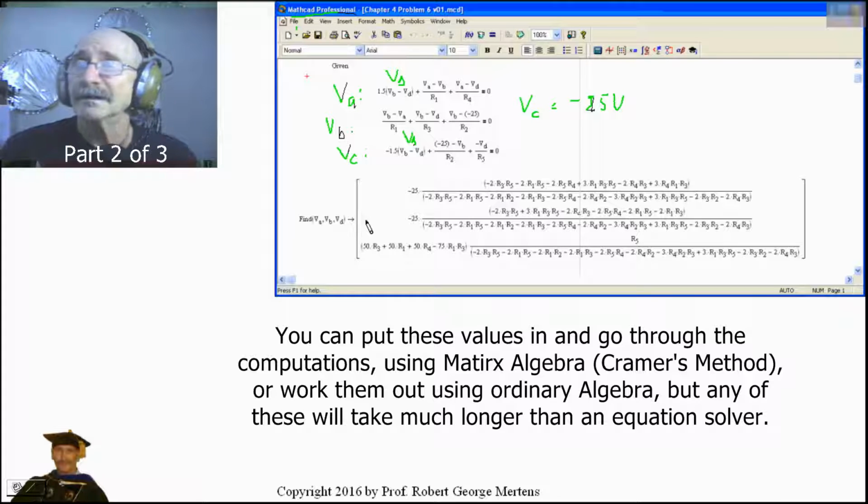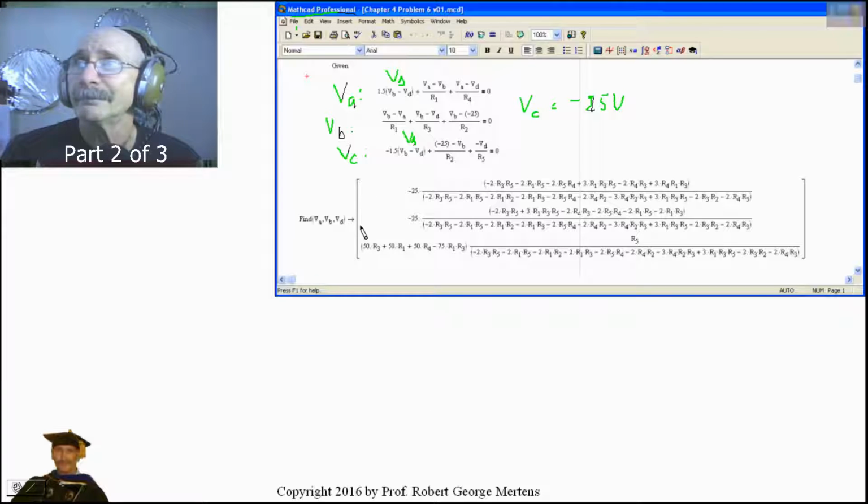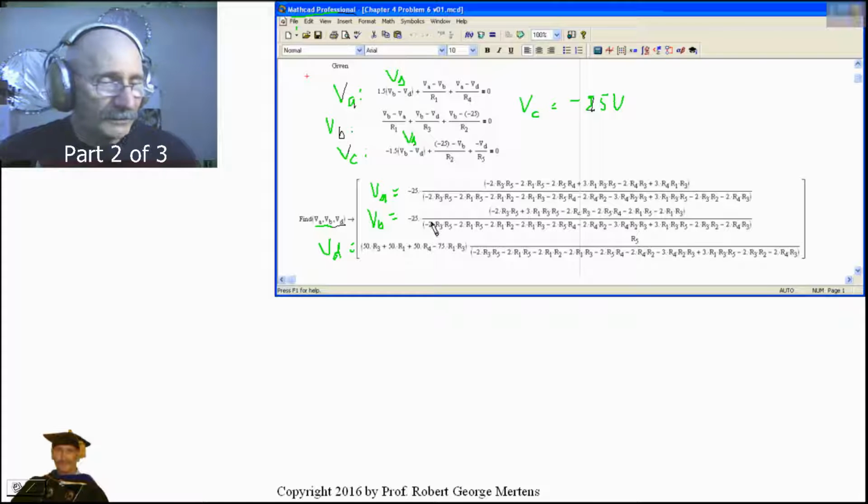So what I did is I plugged this into a solve equation in Mathcad, and I said find VA, VB, and VD, and it gave me these three formulas right here. Here's VA is equal to that, and VB is equal to this, and VD is equal to this. Alright, so once we put that in, the next step of course is going to be to plug these in and get some numbers.